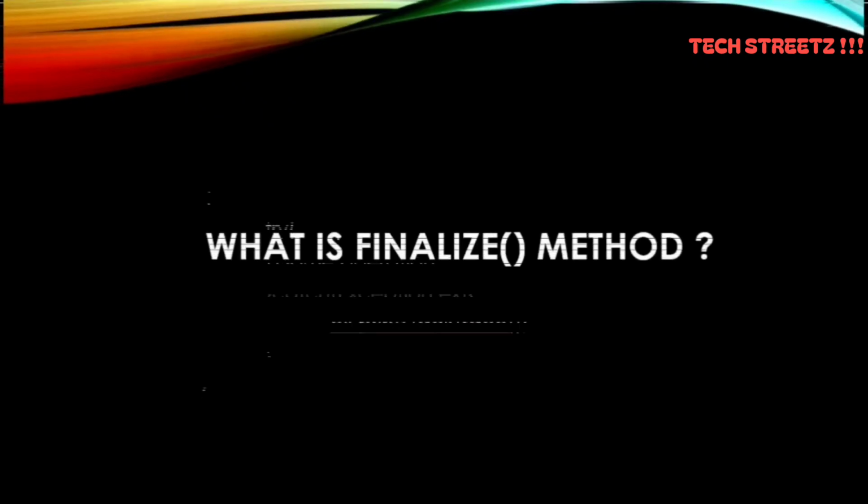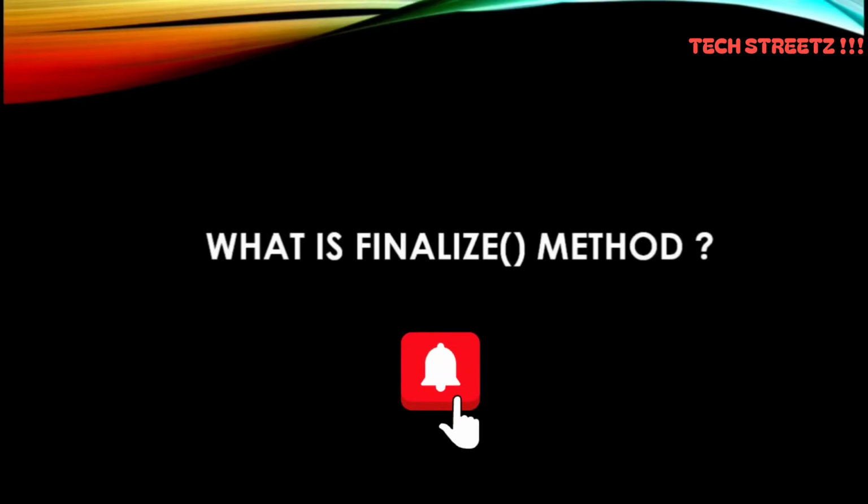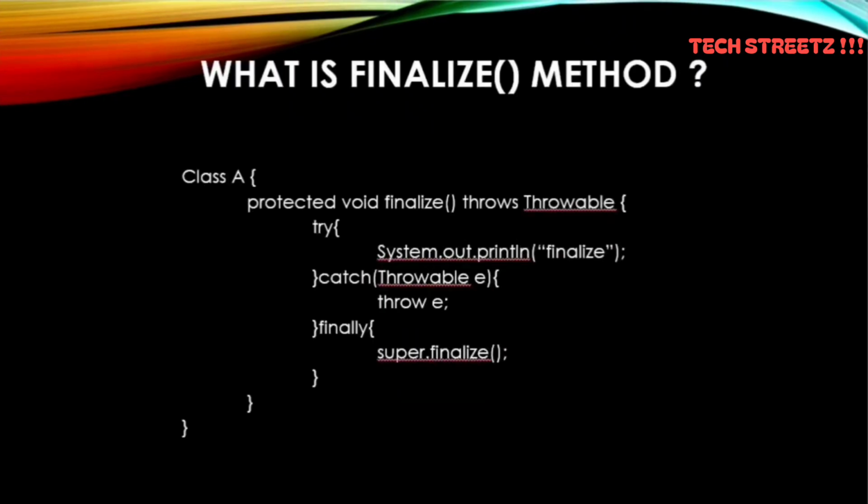What is the finalize method? Unlike C++, we don't need to destroy objects explicitly in Java. The garbage collector does that automatically for us. The garbage collector checks if no reference to an object exists; that object is assumed to be no longer required and the memory occupied by that object can be freed. Sometimes an object can hold non-Java resources such as file handles or database connections.